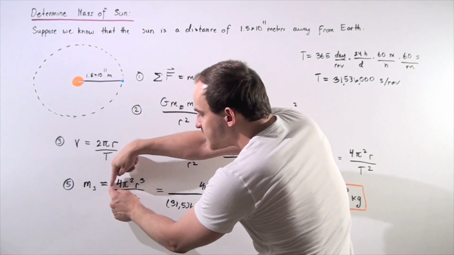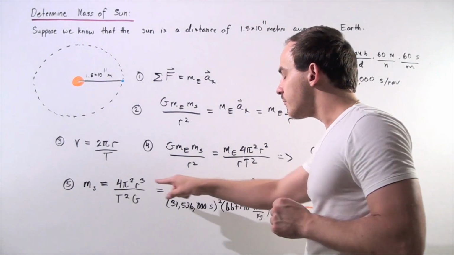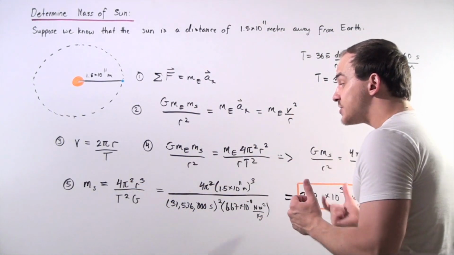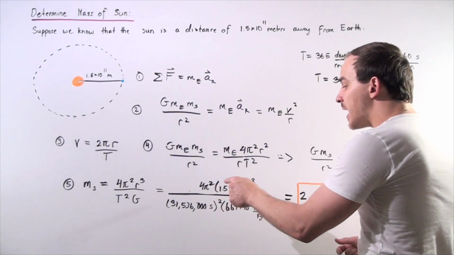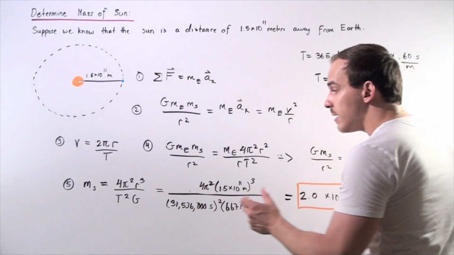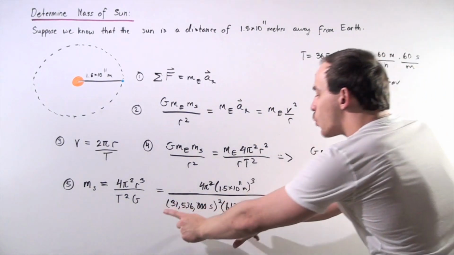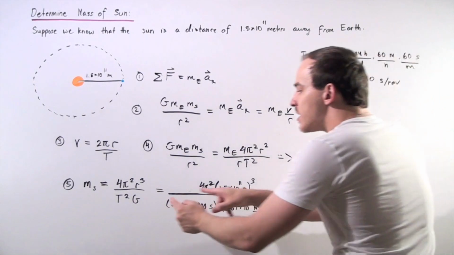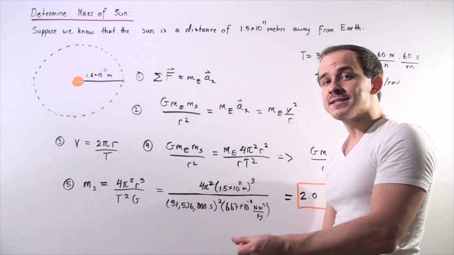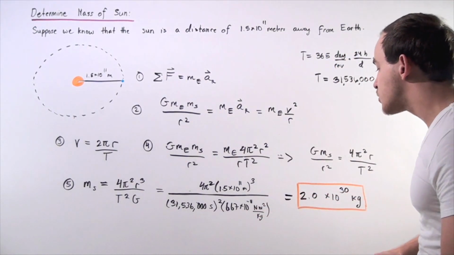So we know every single value on the right side. So let's plug that in. So 4 pi squared multiplied by the radius cubed, 1.5 times 10 to the 11 cubed. And then the bottom becomes t squared. So this number in seconds squared multiplied by the gravitational constant, 6.67 times 10 to the negative 11 newtons times meters squared divided by kilograms squared.